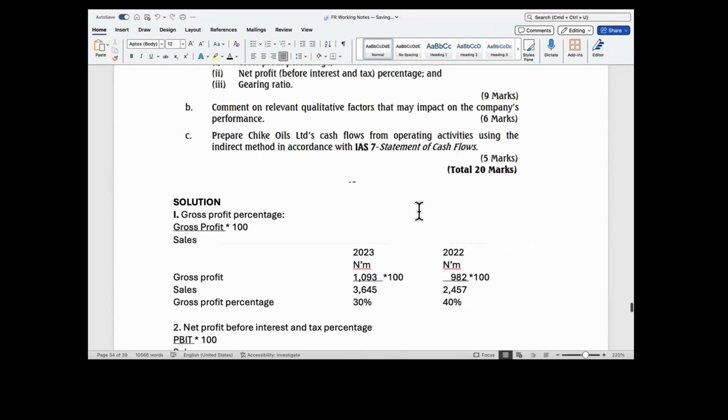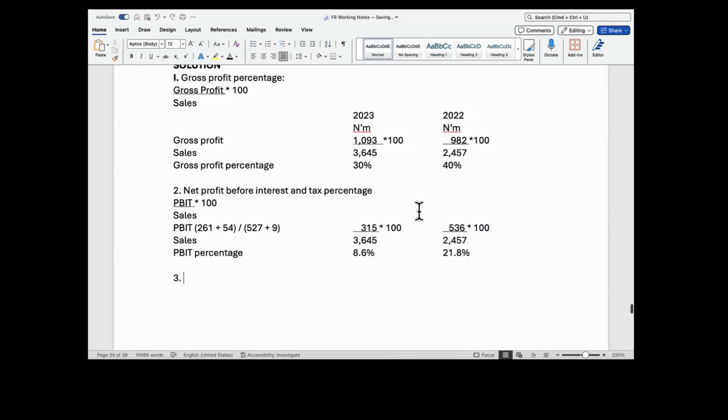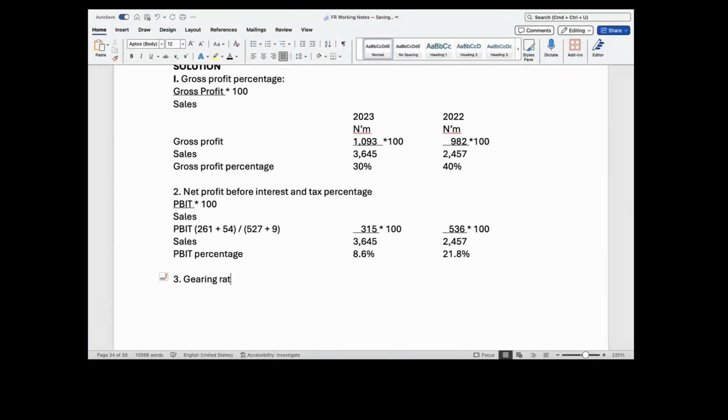Number 3, gearing ratio. So what's the formula for gearing ratio? Long-term debt all over long-term debt plus equity times 100.